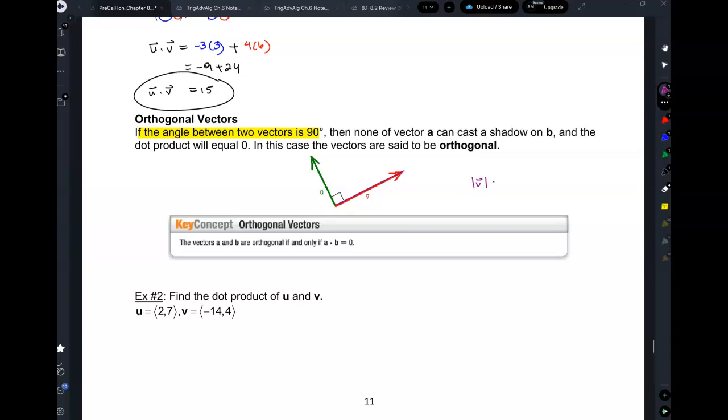There is no projection of this on here. So it'll be times 0, which means the dot product will be 0, which means the vectors A and B are orthogonal if and only if A dot B is 0. When you have if and only if, this goes both ways: the statement and the converse are true. Meaning, if two vectors are orthogonal, the dot product is 0. If the dot product is 0, the two vectors are orthogonal.